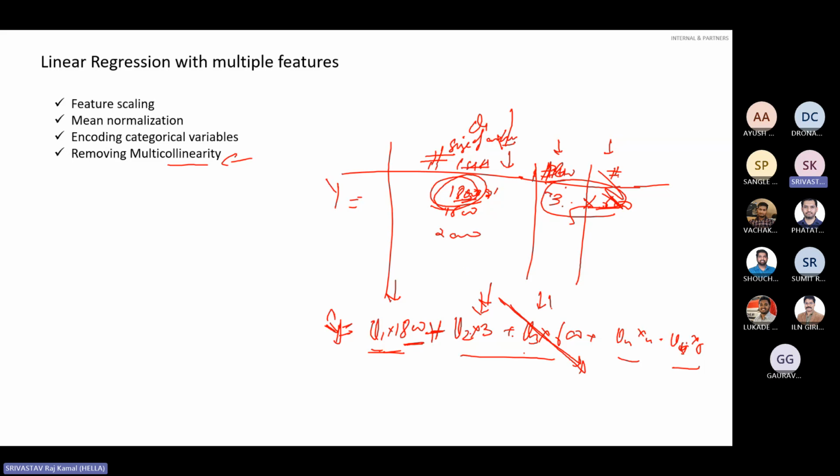They both are giving different information. Now the information is different. But keeping these two figures, or maybe keeping theta 2 x2 and x3, this is exactly giving the same information, so it is not required. So we need to take care of that.